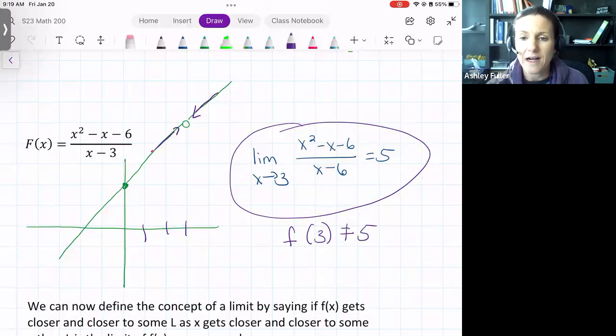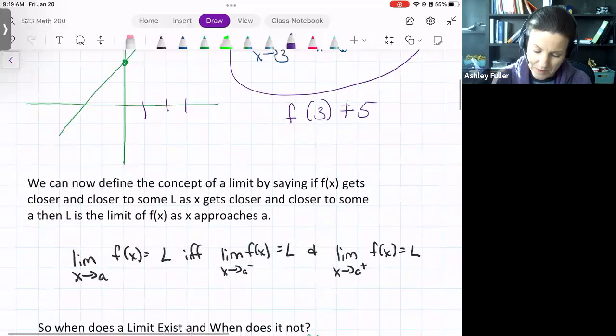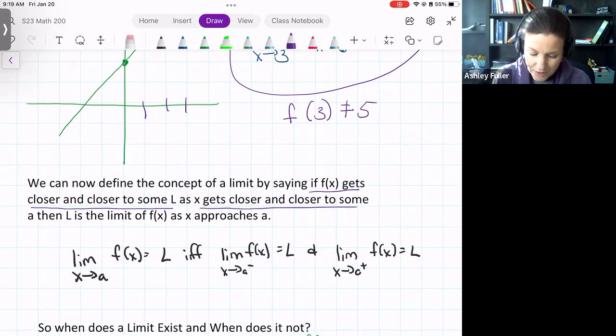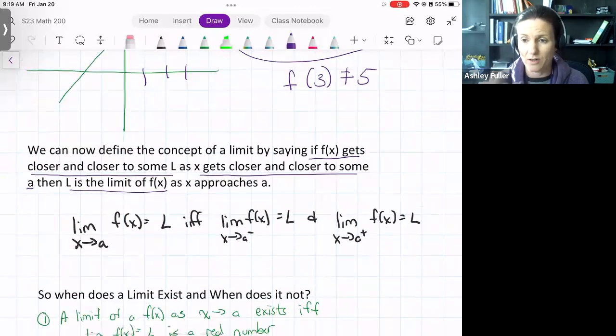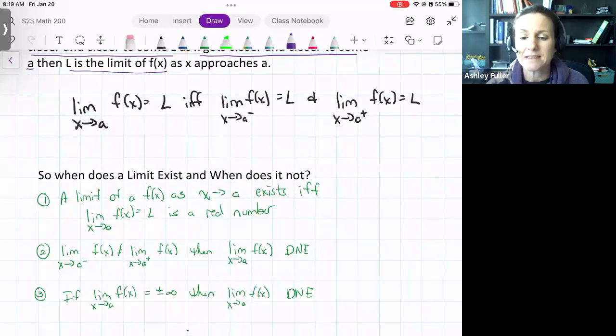We can now define the concept of the limit by simply saying if f of x gets closer and closer to some L, as x gets closer and closer to some a, then L is the limit of f of x. So again, this is that same definition we just wrote. So when does a limit exist and when does it not exist?